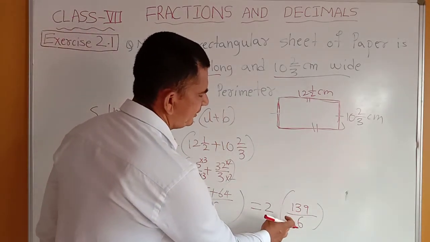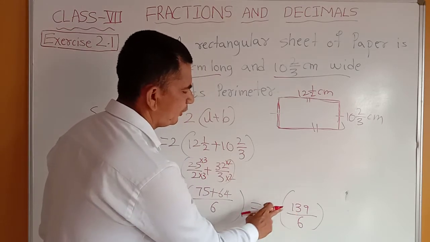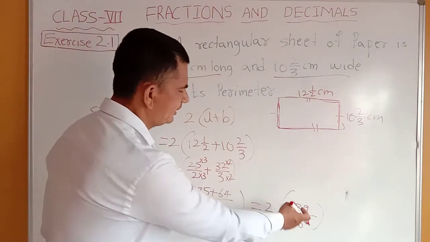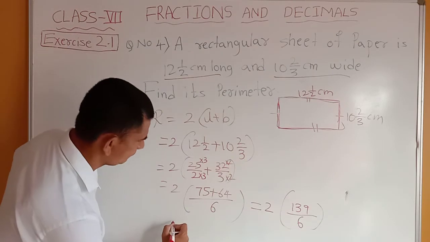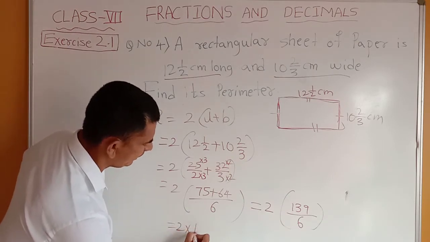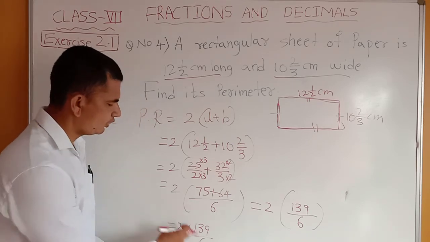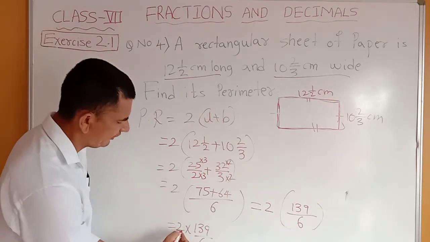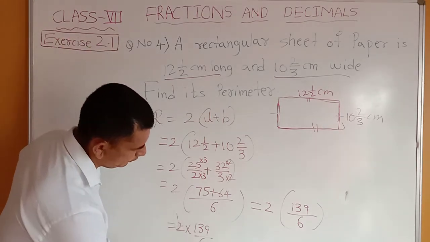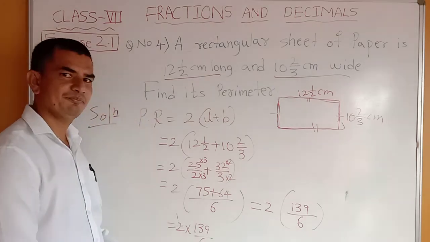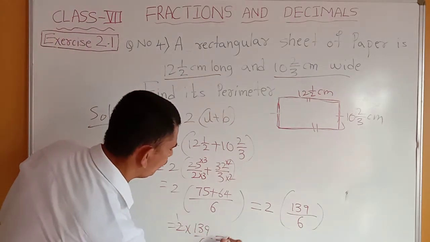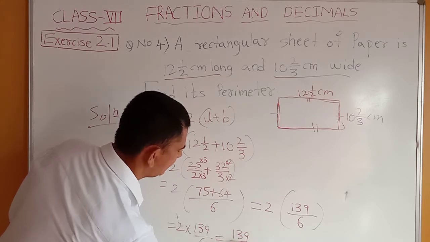Now we got 139 by 6, and now we have to multiply this with 2, so 2 into 139 by 6. Now in multiplication we can simplify. 2 ones are 2, 2 threes are 6. Now we got 139 by 3.